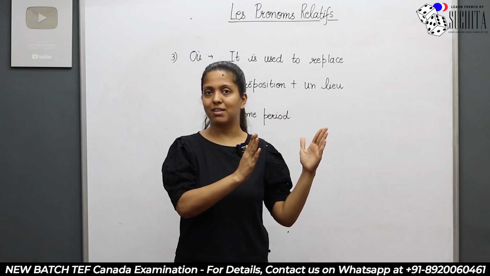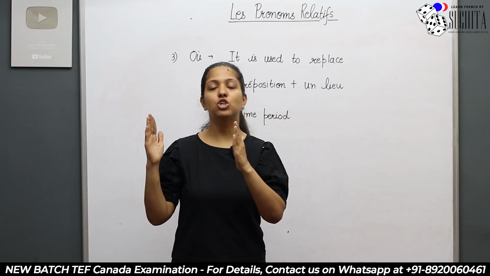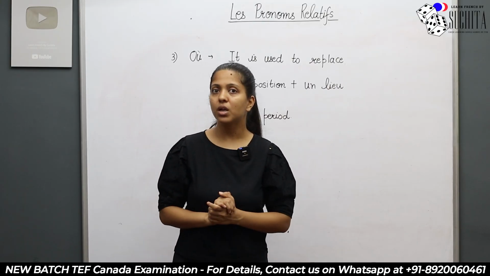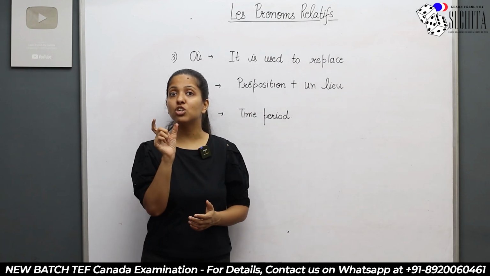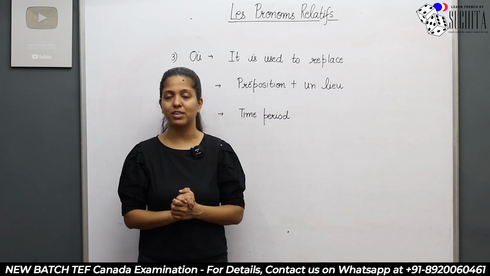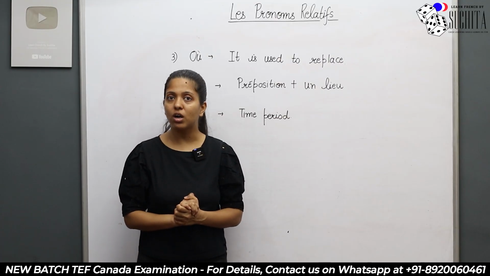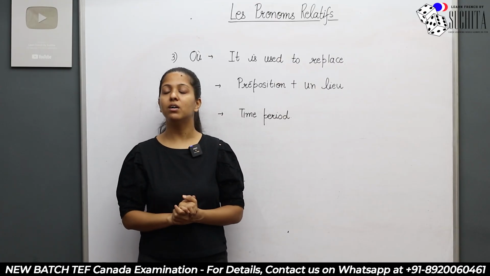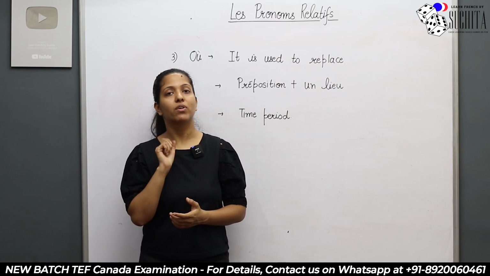So there are two sentences, I saw a girl, and the second one, she was wearing a red dress. In the second sentence, the repetition is she. If you want to avoid the repetition of she and join the two sentences, you will say, I saw a girl who was wearing a red dress. So that who is your relative pronoun.